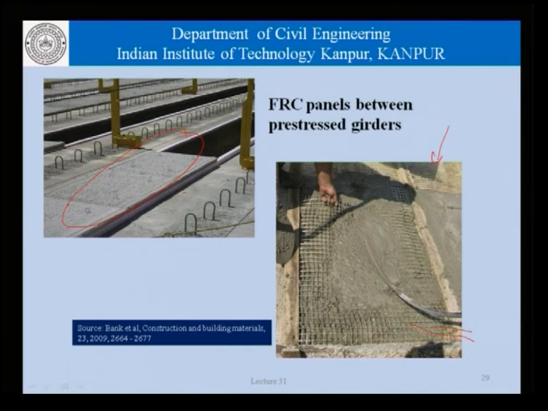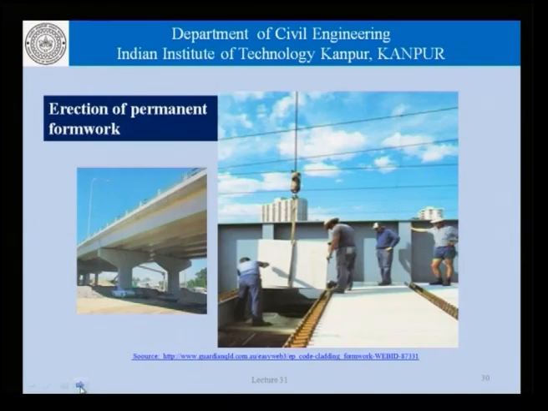Of course, there is a possibility that there can be several layers of this fabric to reinforce the permanent formwork panel. Here is an example of erection of permanent formwork, and we can see how the panels are being placed in position.